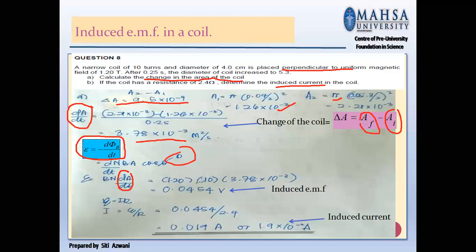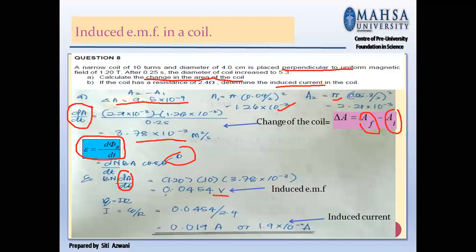Substitute the value of the change in the area, the number of turns and the value of the magnetic field B, then you can calculate the induced EMF.